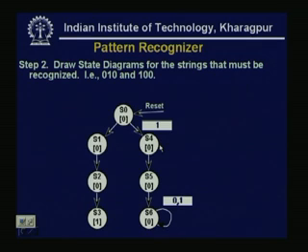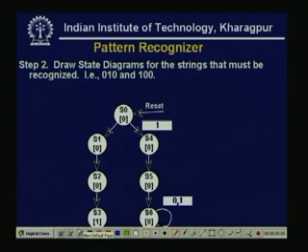Now, we draw the state diagram for the string that must be recognized. From the example we have just seen, this is the reset initial state. See, if 0 comes, then it is S1.